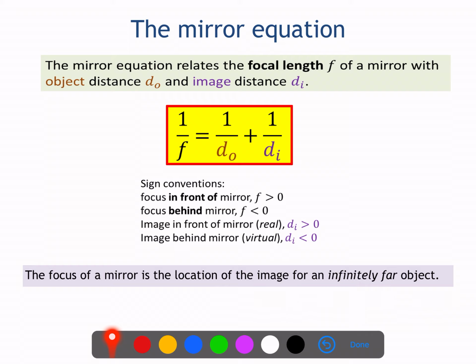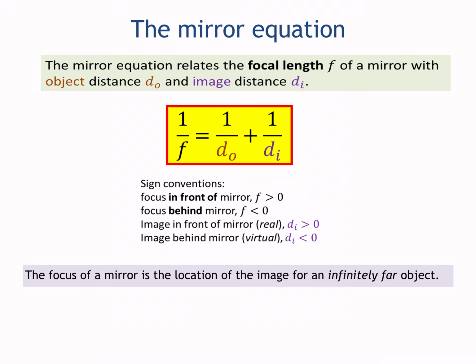The reason for that is, if you think back to the schematics that we drew, where we had parallel rays coming in and then bouncing off, we assumed all of these things were parallel. Well, in order for them to be parallel to start with, the object has to be very far away, so we consider that to be infinitely far away, and that's where we find what the focal length is.